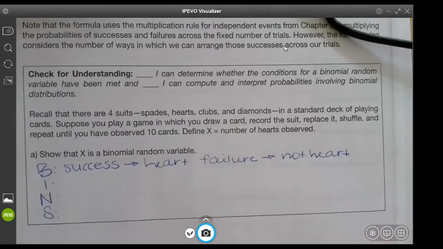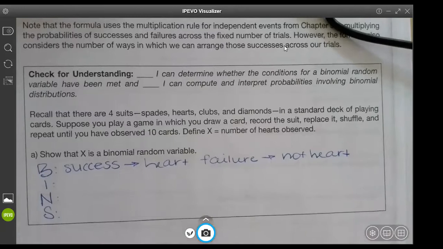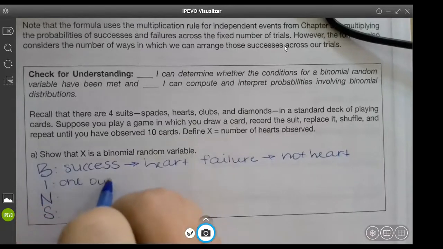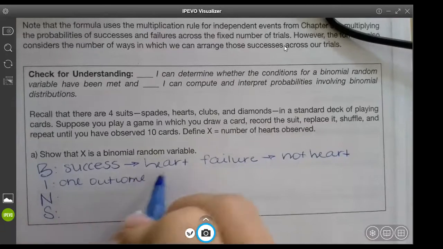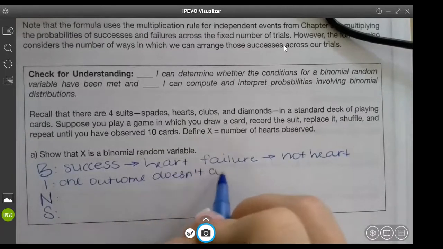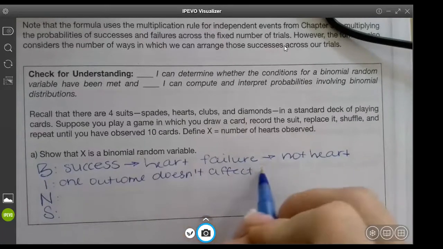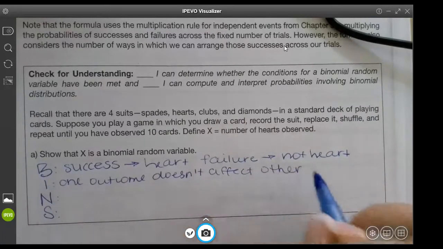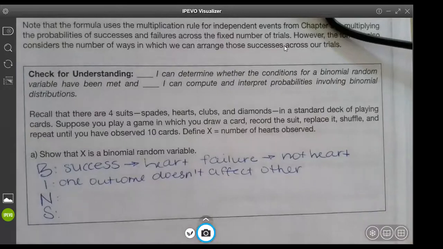Good. What is I? What does independent mean? One outcome doesn't affect another outcome. Is that the case in this one? Yes, because they replace it.